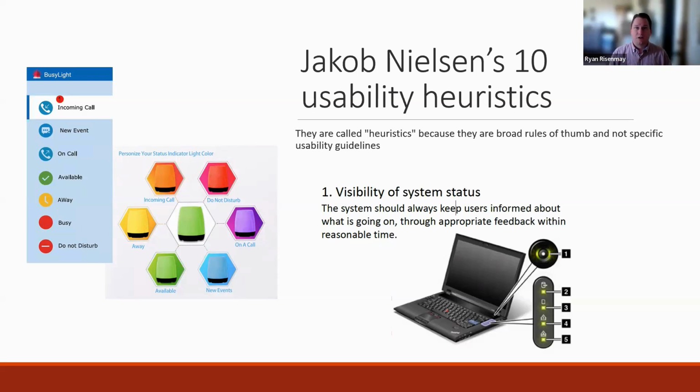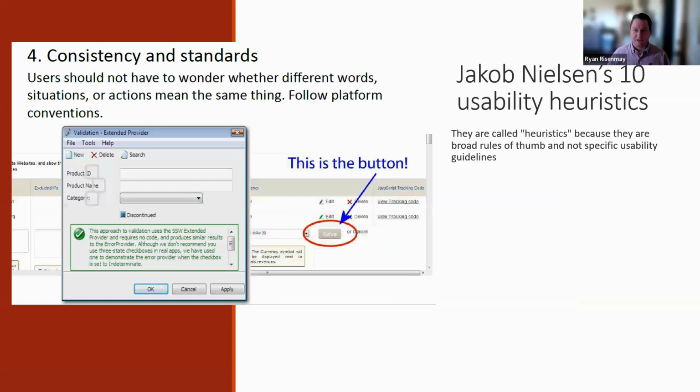So someone that walks by doesn't have to guess, and they're not sitting at their desk looking at you if you're on Teams and you're in the status of being available or not. But these little light buttons have a certain code system to know if you're available or if you're on a call. It's those kinds of things that are a visibility of system status.